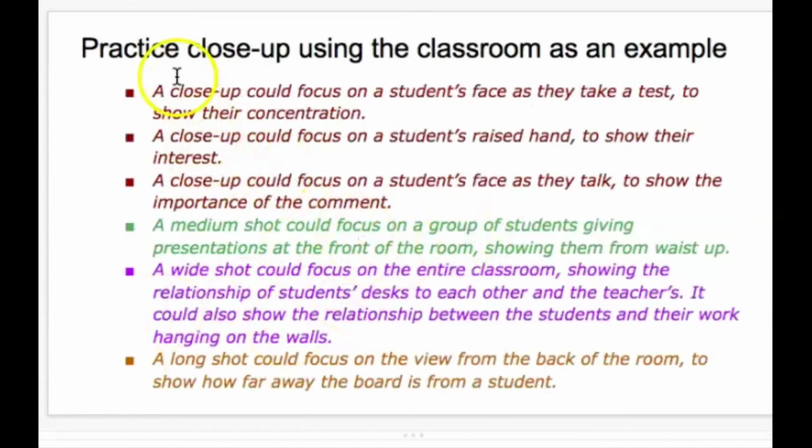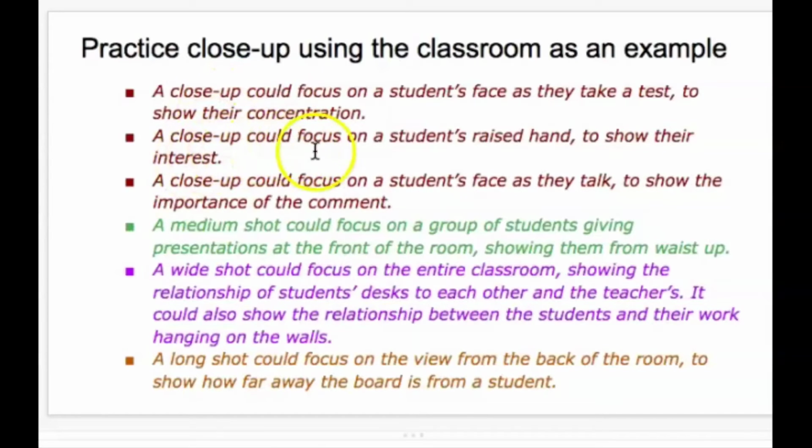So for an example of a close-up, if we were trying to do a close-up of our classroom. Now I know that some of you guys are at home, but you can still remember what it was like to be in a classroom. If I wanted to do a close-up of our classroom, I could focus on a student's face as they take a test to show that they're concentrating. That would be me closing up on a person, a close-up.